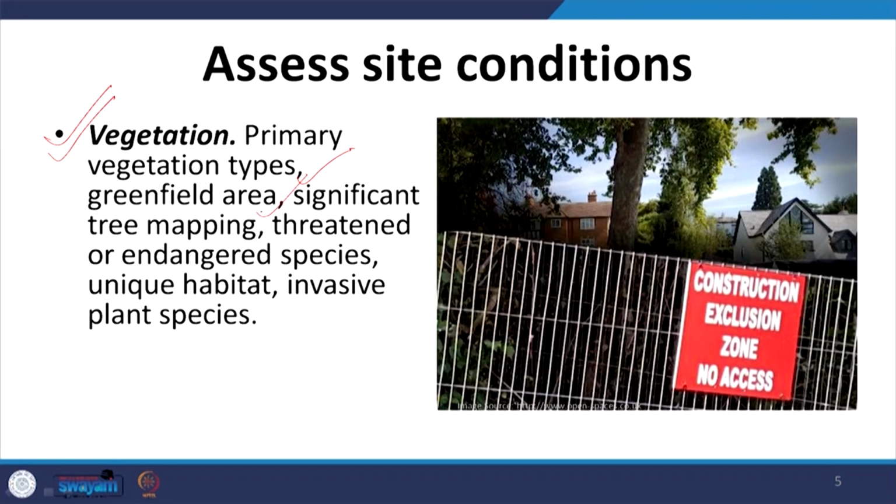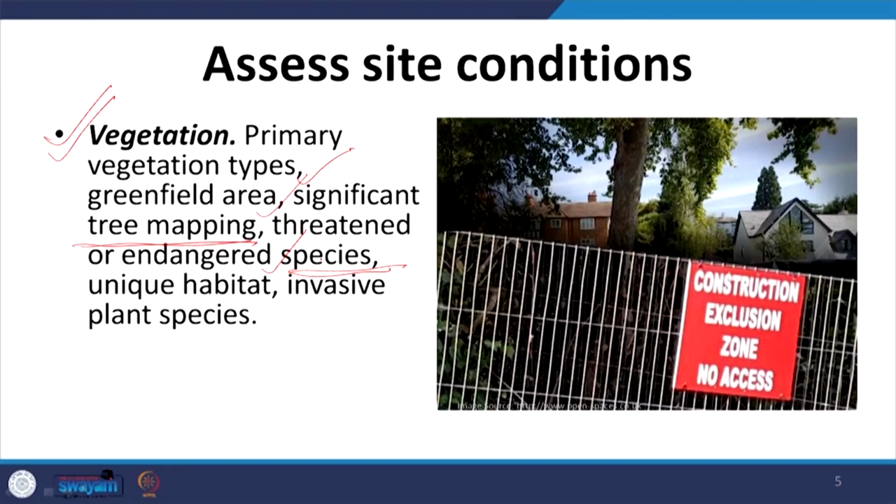We have to properly map what all trees are there, where they are, what are the different species which are there, and if any of these species is a threatened or endangered species. Even plants have endangered species. Some plants are on the verge of extinction because they have been overused and there is no replantation or regrowth of them.